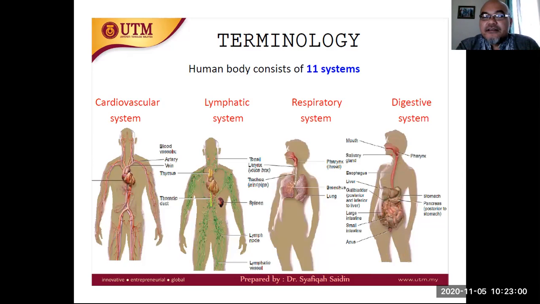So all the instrumentation in ICU usually is aimed towards maintaining the well function of the cardiovascular system. That's why besides the term ICU, there's also the term ICCU, intensive cardiovascular care unit, ICCU.